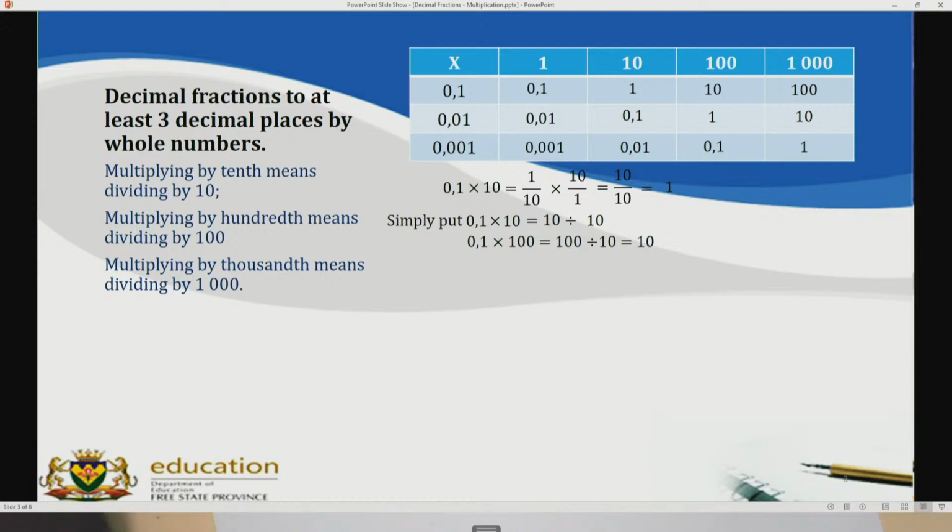I'm sure you understand when I'm saying 10 multiplied by 1 over 10. Let us just quickly look at it, where we will go to document writer quickly.